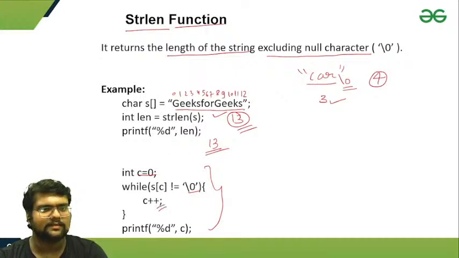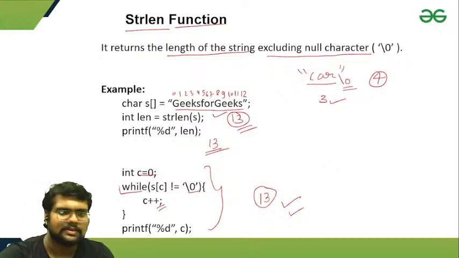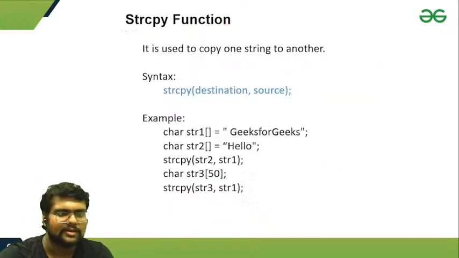Until the null character is found, it keeps incrementing, so the value of c at the end of this while loop will be 13. So 13 will be the output. This is about the strlen function, which returns the length of the string and excludes the null character.